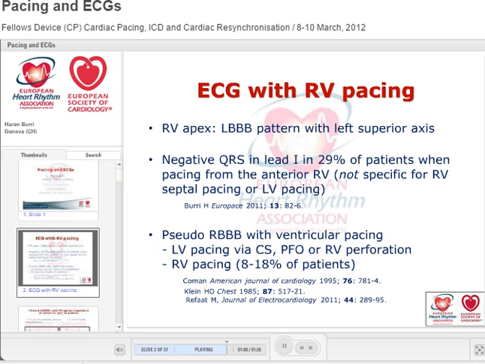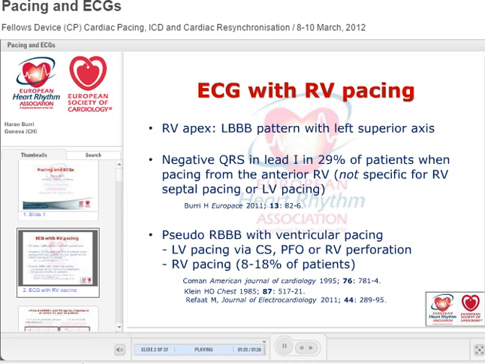You may be in the left ventricle via a patent foramen ovale, or maybe your right ventricular lead has perforated the apex and is pacing the left ventricle epicardially. And rarely, in about 10% of patients, your RV lead is actually in the RV, and still you get a right bundle branch block type of pattern.